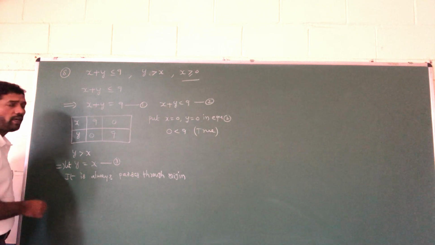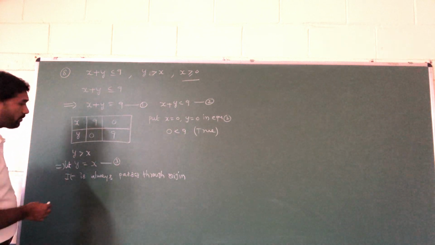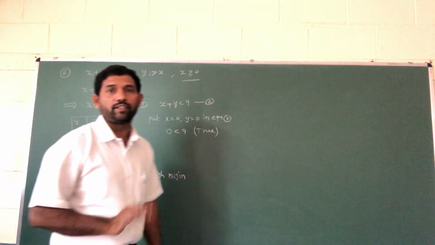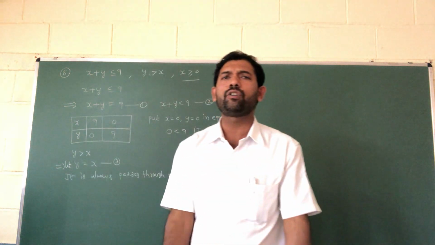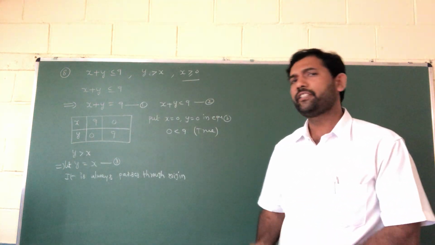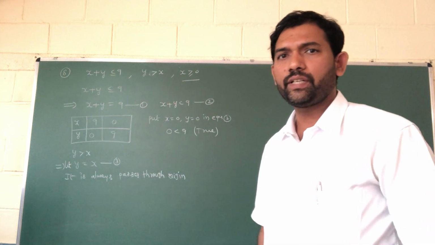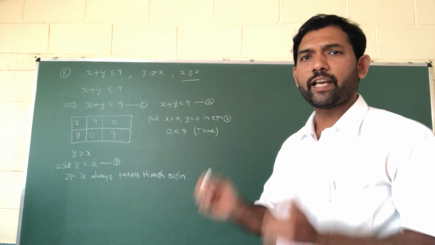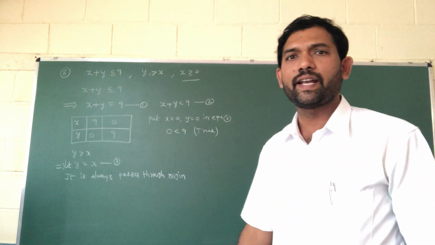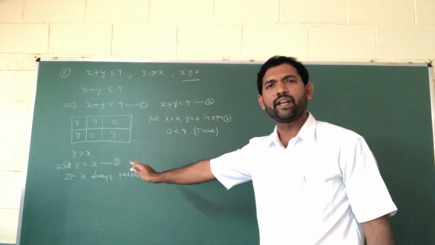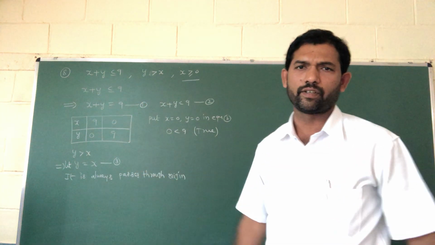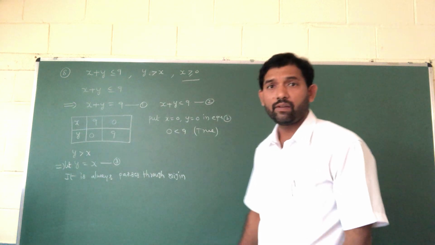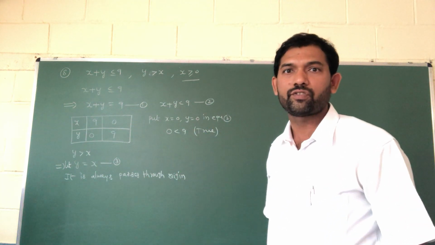So this one I will modify, for where we have to shade this one. That is the main doubt facing many students. So y greater than x: you should write very clearly it passes through origin. Right? Okay? So always you take the positive side only.